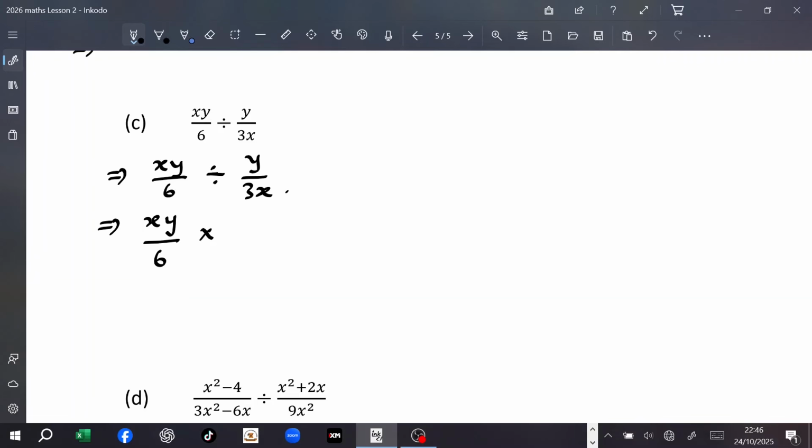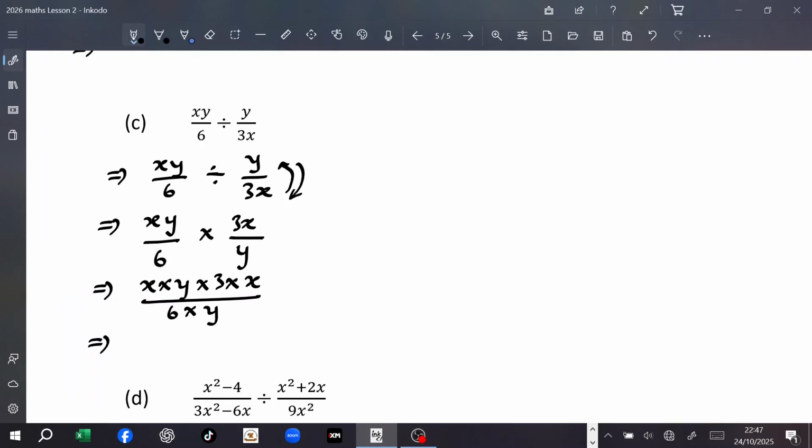Once you do that, you swap. This one goes on top, this one comes down. So you have 3x over y. So you just swap on one side. Once you do that, there's multiplication throughout, then you multiply. You say x times y times 3 times x over 6 times y.